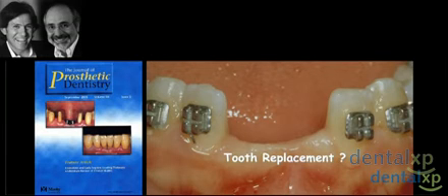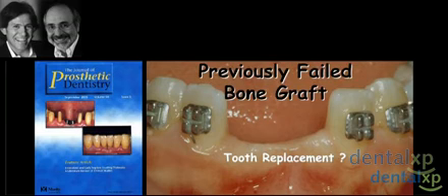Maurice and I looked at this some years back, and the issue is we've already been through bone regeneration in this. So it's a previously failed graft. There may be some residual graft there, and we still have to replace 2 teeth. How do you actually go about this?